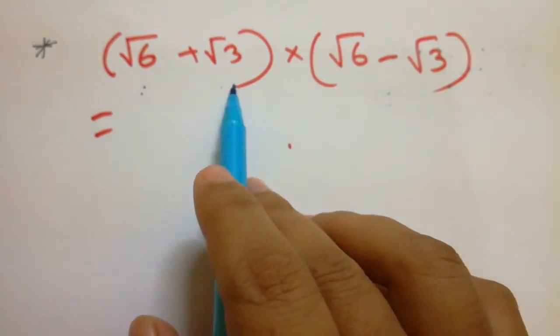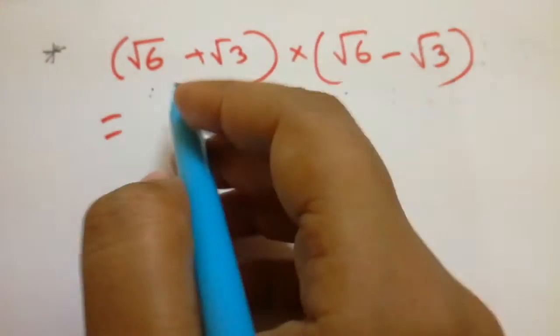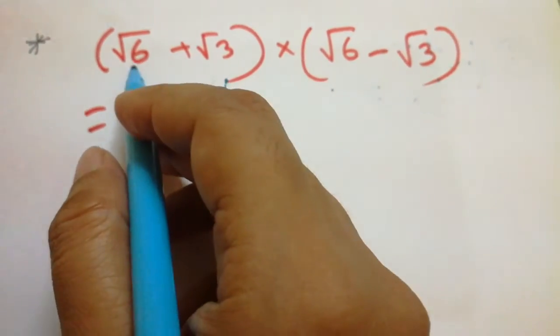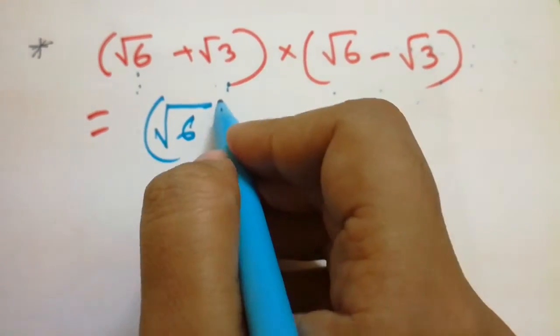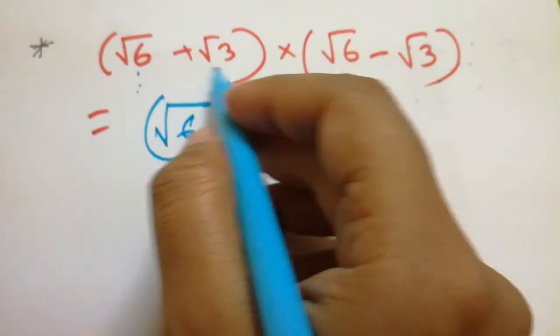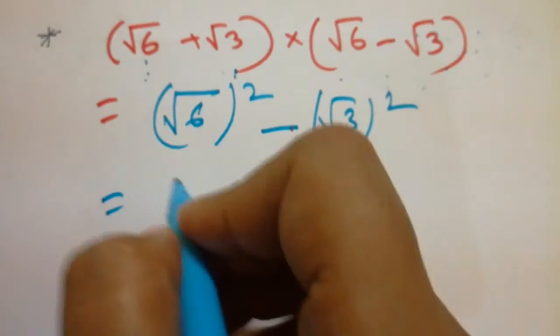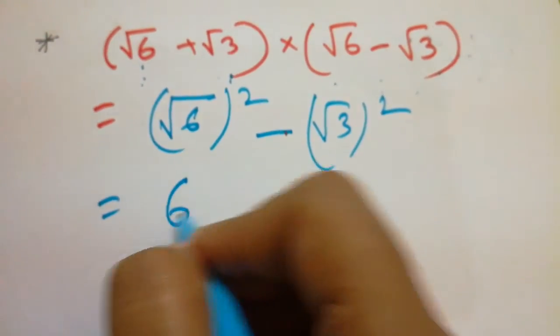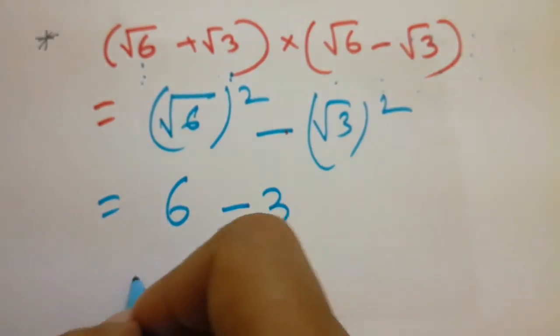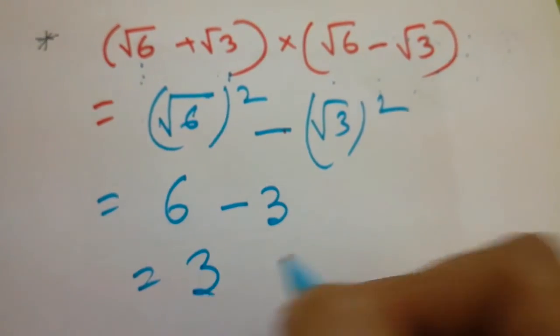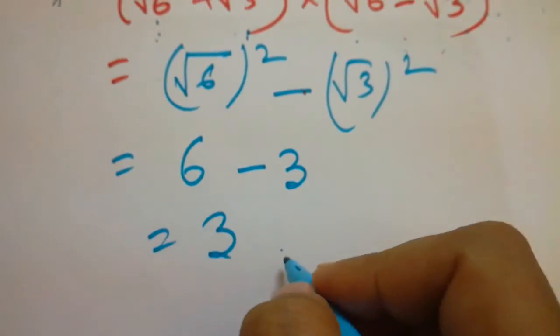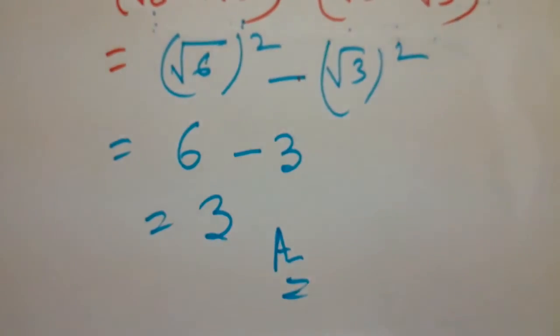So it equals root 6 whole square minus root 3 whole square, which equals 6 minus 3, equal to 3. And this is the answer.